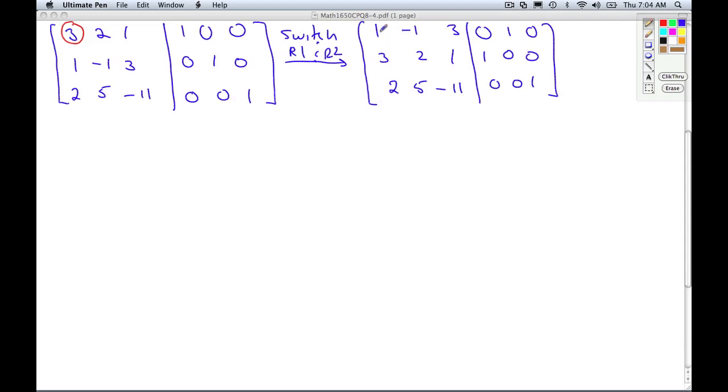And now that I have a 1 up here, I want to use elimination to zero out what's underneath it.